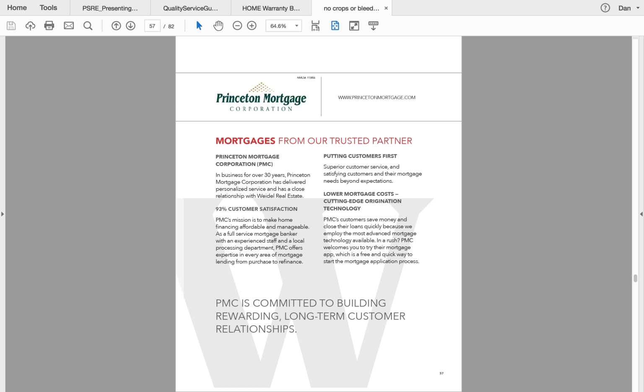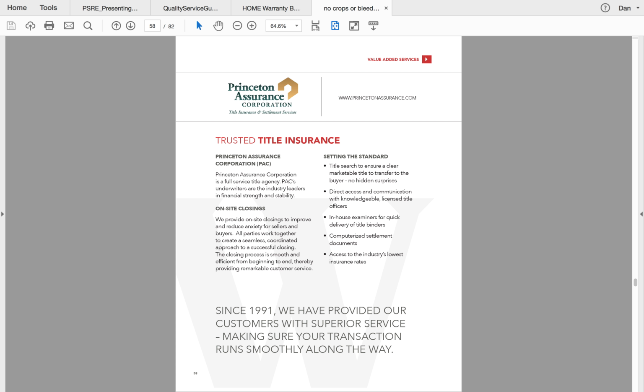And then we're going to turn the page, page 58 of the consultation book and page 60 of the instruction manual. And this page refers to Princeton Assurance Title Insurance Company. And that's our title insurance company. And our title insurance company works seamlessly with all of the other realtors and all the other mortgage companies, in particular with our own mortgage company, to make sure that the sale closes.